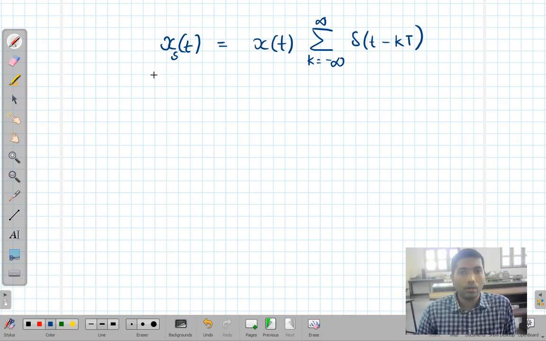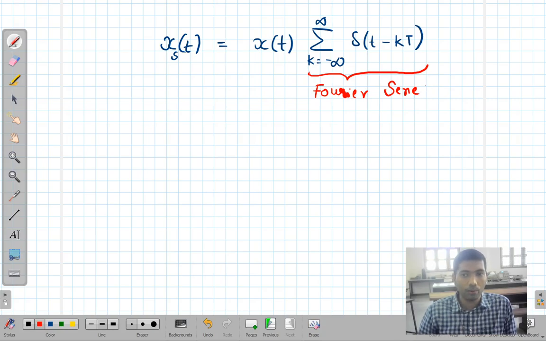In order to find it, we'll find the Fourier series expansion of this term, in particular the exponential form Fourier series expansion.